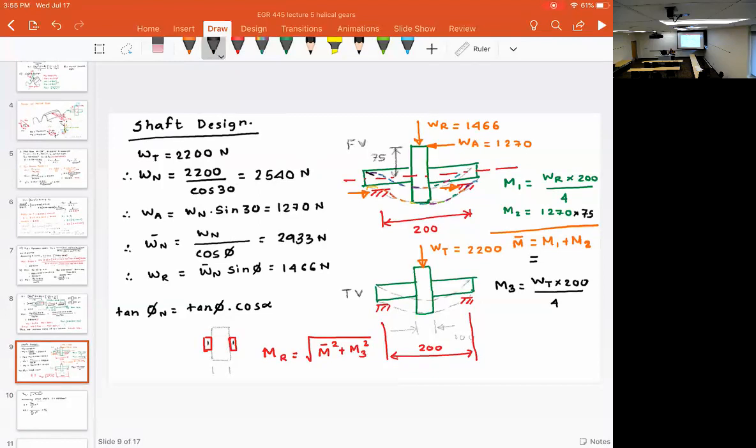So M bar is 168.5 kilonewton. Okay. M3. Kilonewton millimeter or kilonewton meter? Then you will get MR.